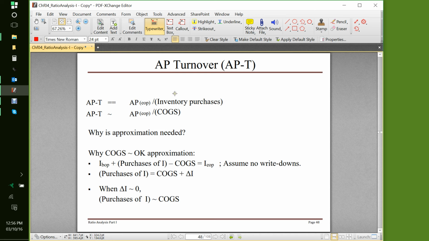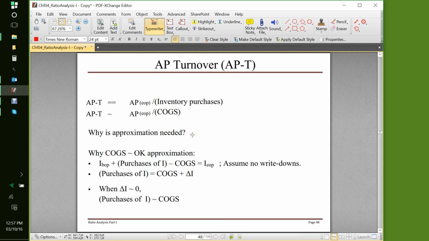So once again, folks that are analyzing the company from the outside, i.e. folks that only have access to the financial statements, are not going to be able to see inventory purchases. So this inventory purchases is very often approximated by cost of goods sold in this ratio.